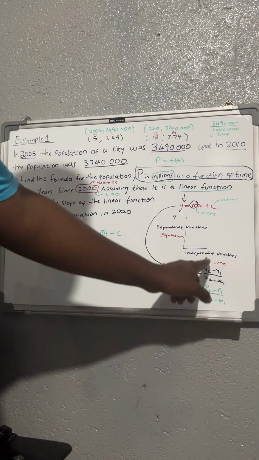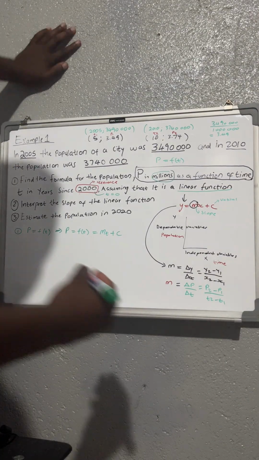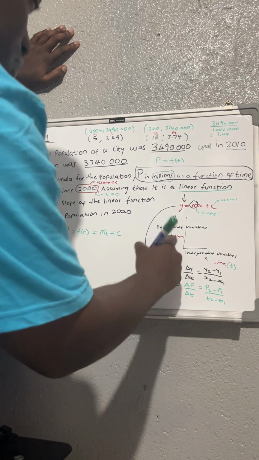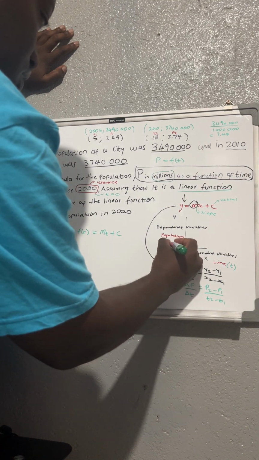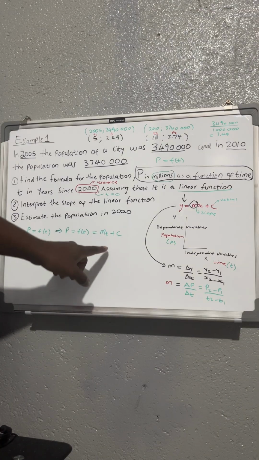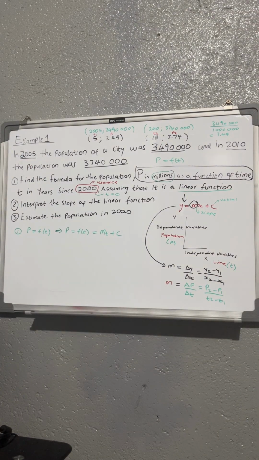Remember, t's are the ones that are going to be on your x-axis. Even if you're supposed to draw this, you will know time is represented by t, and population is represented by p. So don't come and write mx plus c. You are not working in x's, but rather your t's. So that's why you see here I've written the t. So that's one highlight to note.